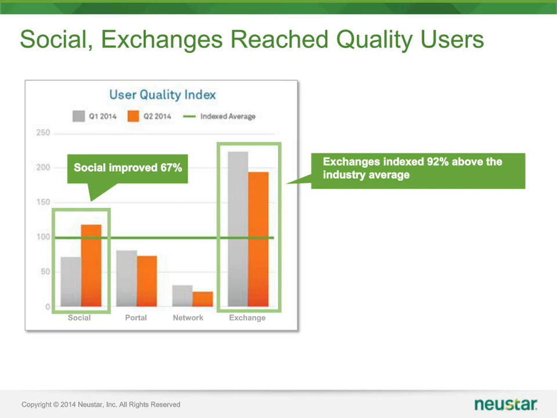We saw that starting in the last quarter, and coupled with the use of CRM data, which Starla will talk about in her section, you start seeing the ability of exchanges to deliver high-quality users as we also factor in the emergence of private exchanges.